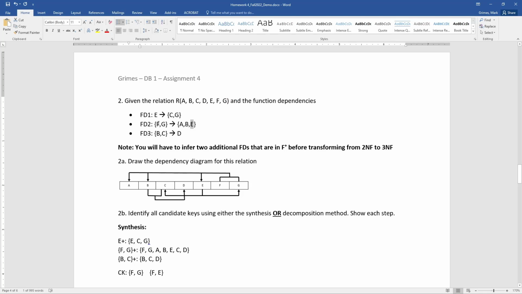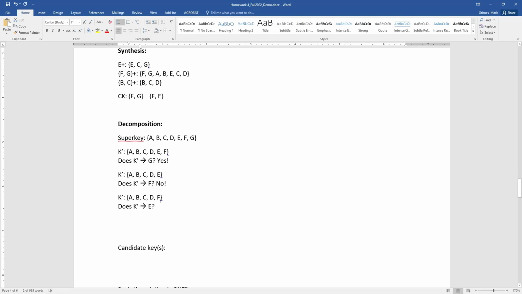Okay, here's E, but we need both F and G to functionally determine E in this case. We have F, but we don't have G, right? So we cannot functionally determine E based on A, B, C, D, F. So the answer here is no. We need to put E back into the mix, and we'll try removing something else.